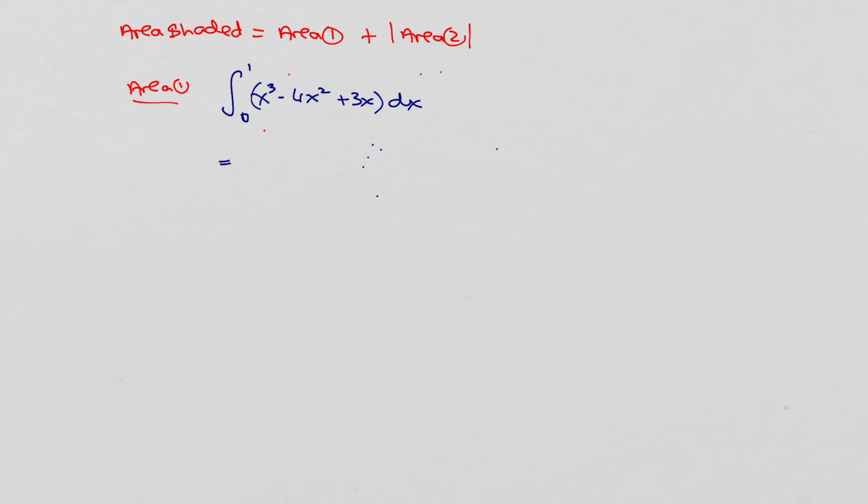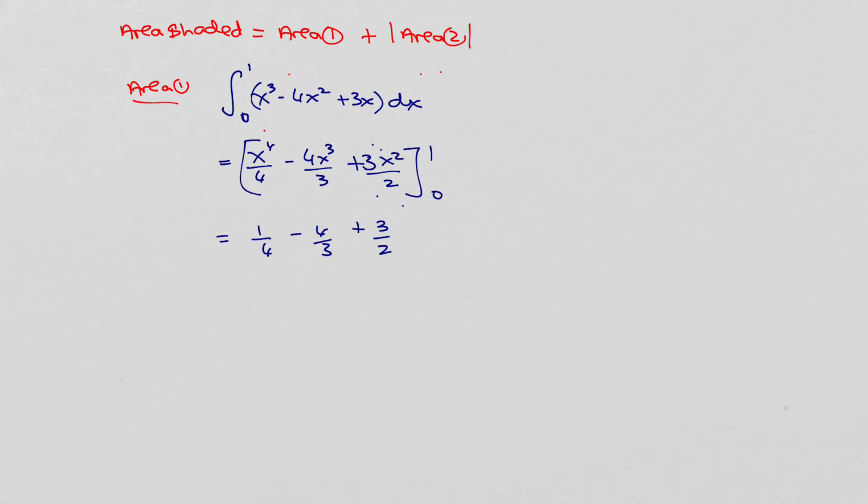So if I integrate x cubed, I get x to the power of 4 over 4 minus 4x cubed over 3 plus 3x squared over 2. And that's between the limits of 1 and 0. So that gives me 1 over 4 minus 4 over 3 plus 3 over 2, because obviously if I sub in 1, 1 times anything is itself.